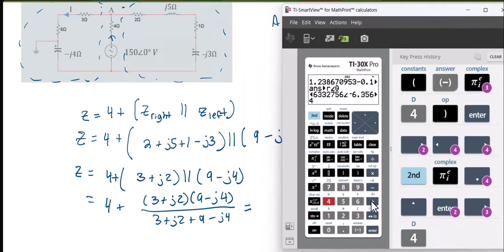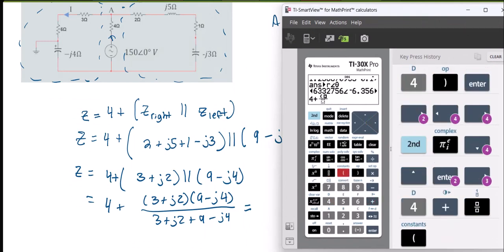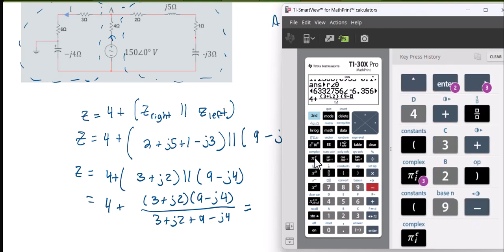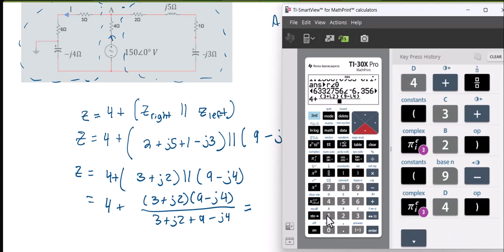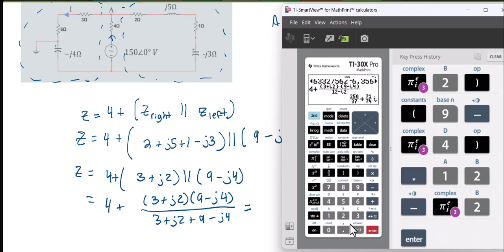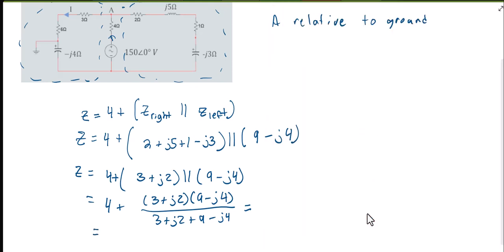So this is 4 plus fraction, open parentheses, 3 plus J2, close parentheses, open parentheses, 9 minus J4, all over 3 plus 9 is 12, 2 minus 4 is minus J2. I don't see that I wrote this down anywhere.